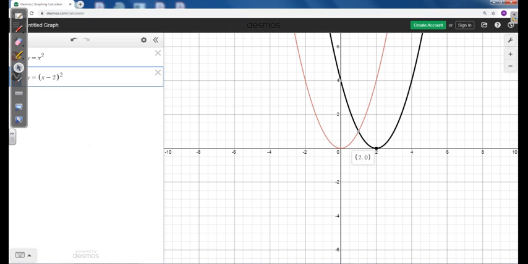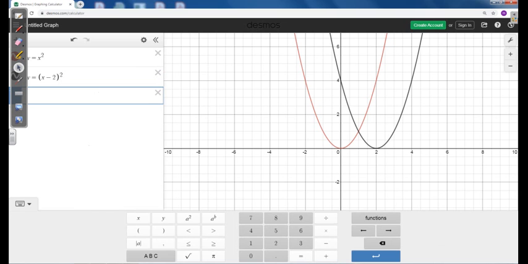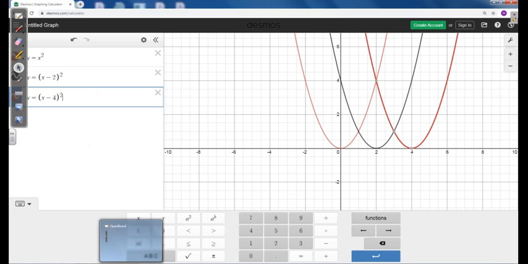Now, what's the second equation that we're looking at? y equals (x minus 4) squared. All right. So what do we have here? Can someone describe this to me?